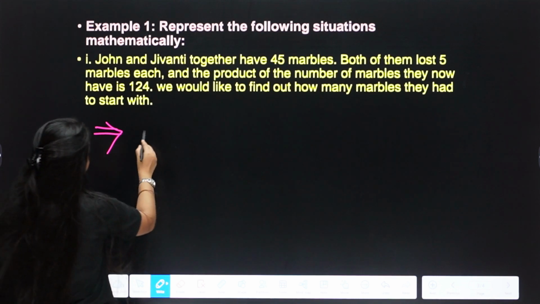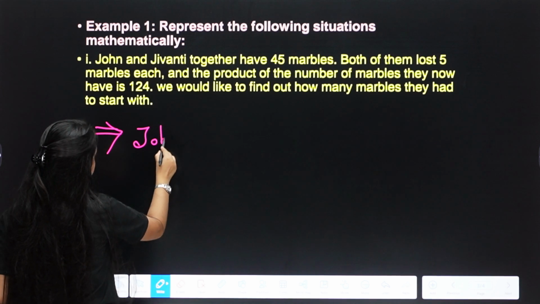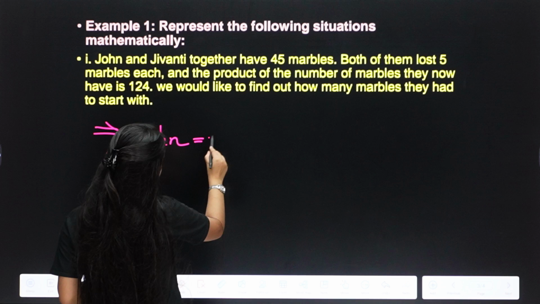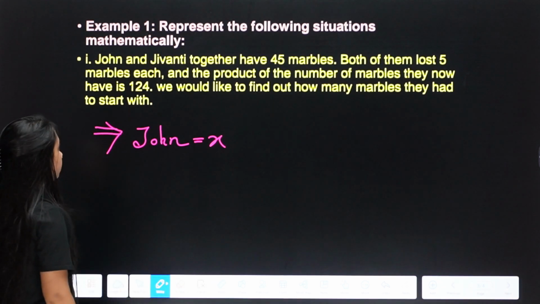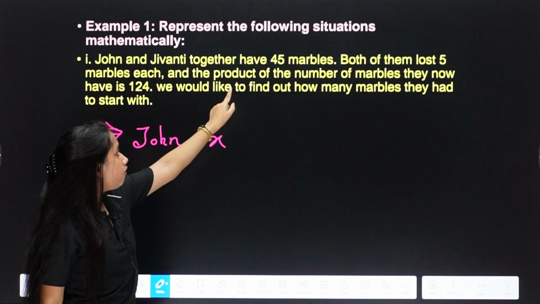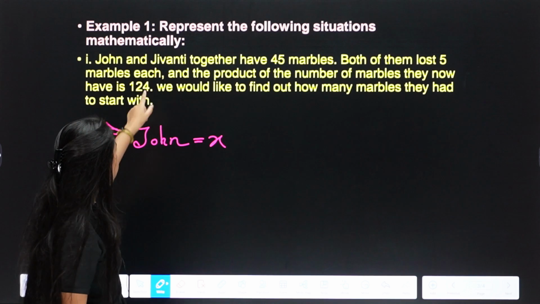So, we will first assume that John has x marbles, and it was given that John and Jivanti together have 45 marbles. Then how many marbles will be left for Jivanti?